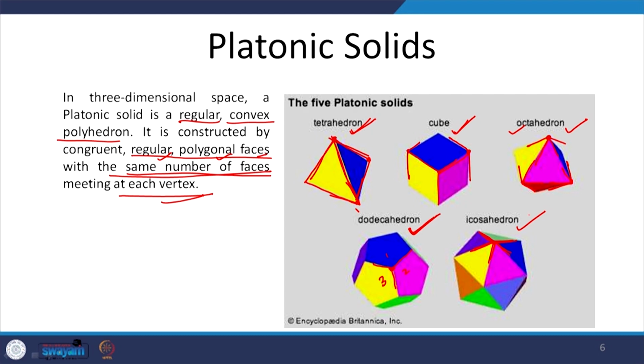So, only 5 solids actually qualify for being called platonic solids, and the condition remains that at each vertex the same number of faces meet together, and these are regular faces, regular planes.